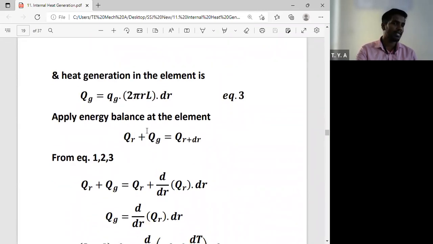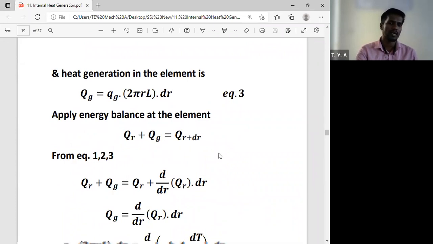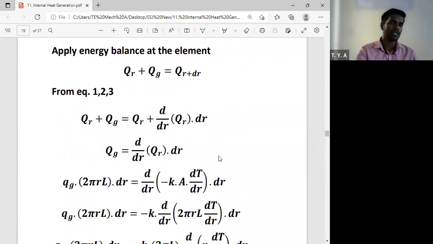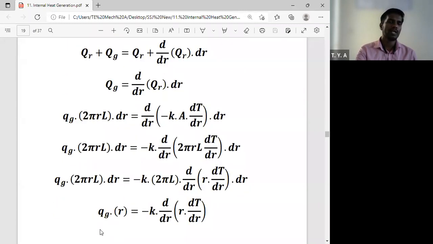Okay. Then we have written the energy balance equation, that is QR plus QG is equal to QR plus DR. We have put the values into this equation and we get the equation as qg into r is equal to minus k into d by dr into r into dt by dr.